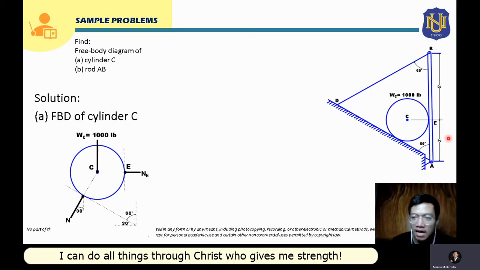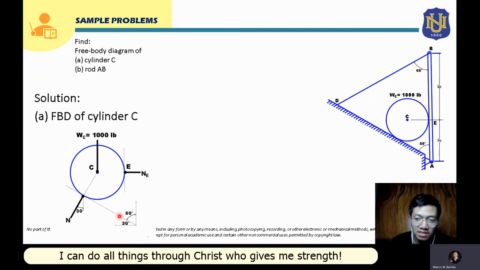Also, if this is 60 degrees here, the remaining angle from the horizontal will be 90 minus 60, so that will be 30 degrees.